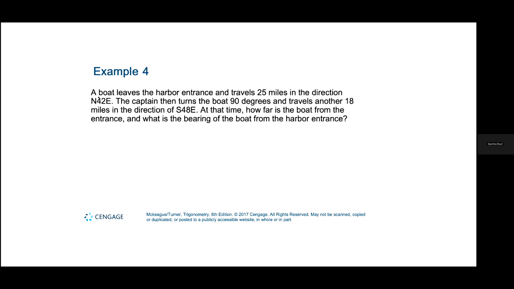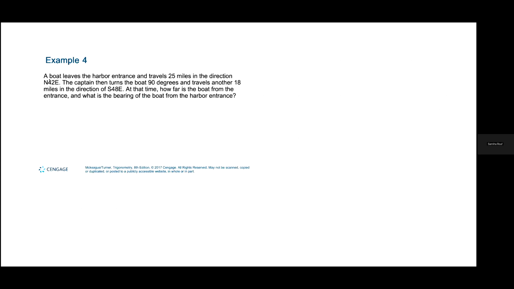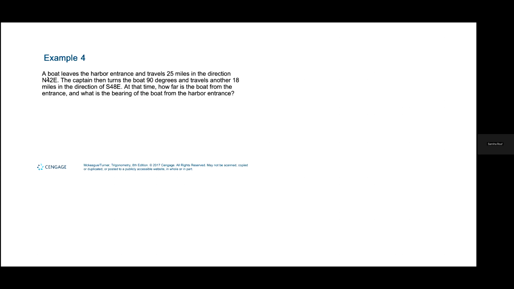Let's see what this says. A boat leaves the harbor. Actually, let's make a little bit of space for this problem. Okay. A boat leaves the harbor entrance and travels 25 miles in the direction of north 42 east. Okay. So let's say this is the harbor.